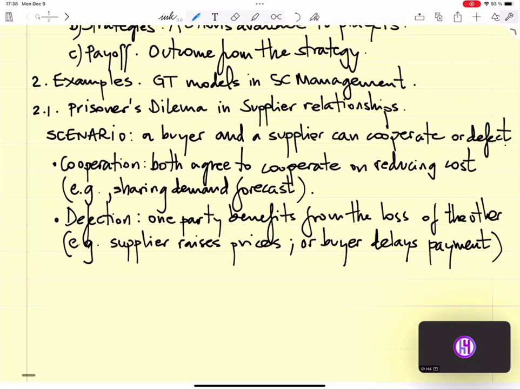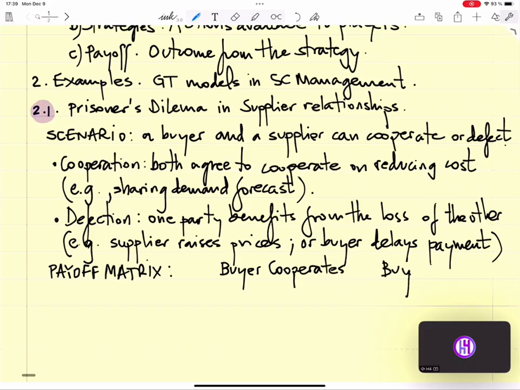This is an example, of course, super simple. One important concept in game theory is the payoff matrix, and you should learn to interpret this. So let's paint the payoff matrix and interpret it. Buyer cooperates or buyer defects, so not cooperate.